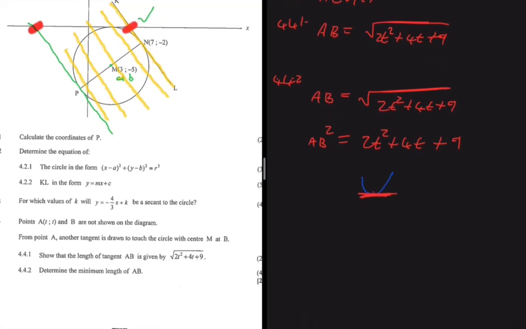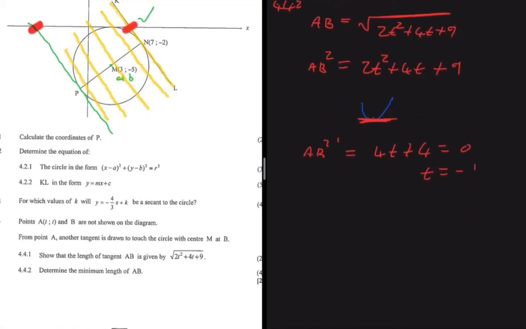If we do that, finding the derivative of AB squared, we get 4t plus 4 equals 0. So t should be equal to minus 1.